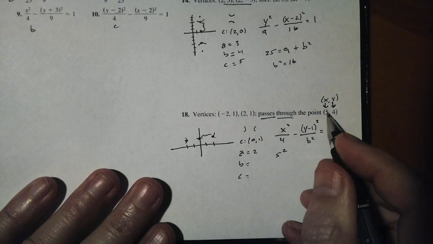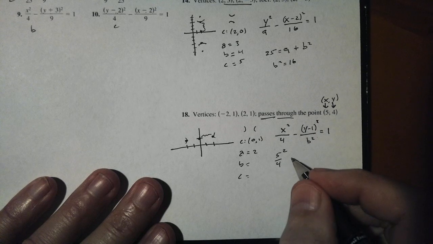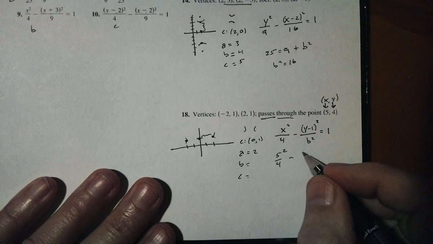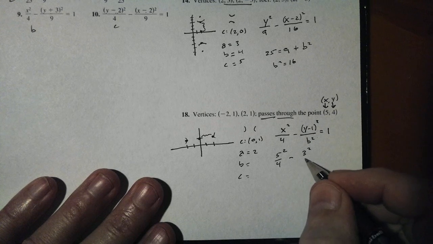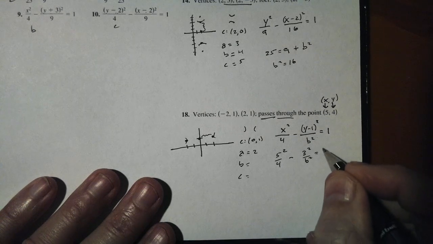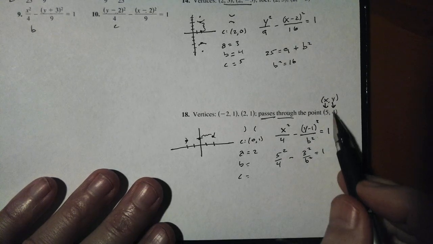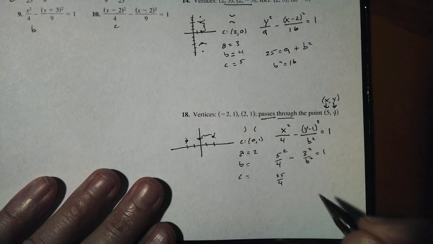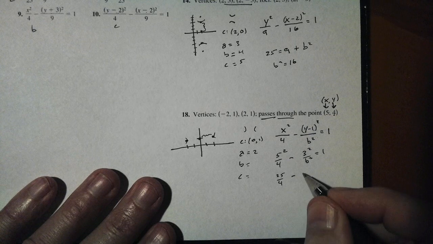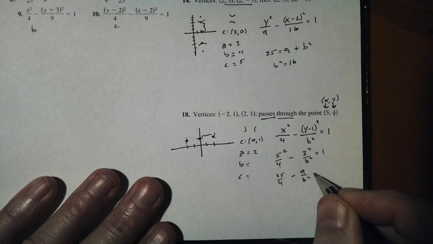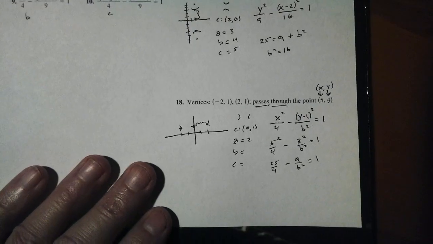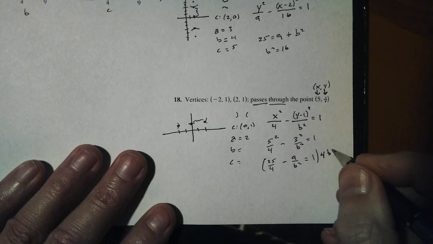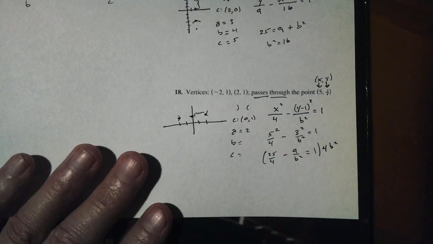So 5 squared on 4 minus 4 minus 1, 3 squared on B squared equals 1. 4 minus 1, 3 squared, I get 25 on 4 minus 9 on B squared equals 1, and I'm going to multiply everything by 4B squared.